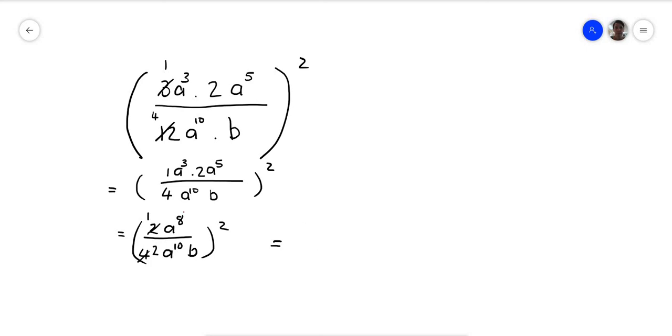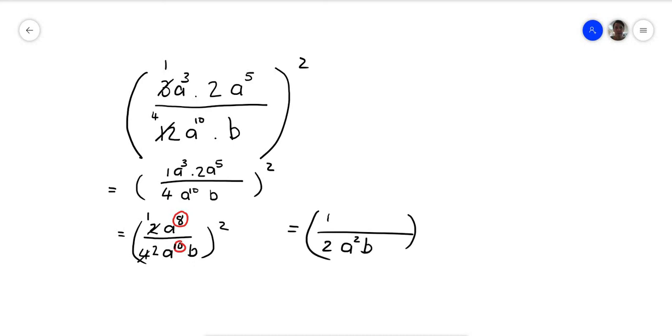Which is the biggest? This. So I'm going to say 1 over 4, a to the power of 10 minus 8, equals a half. 10 is the biggest one, so a is going to be at the bottom. 10 minus 8 is 2, and there's nothing with b.